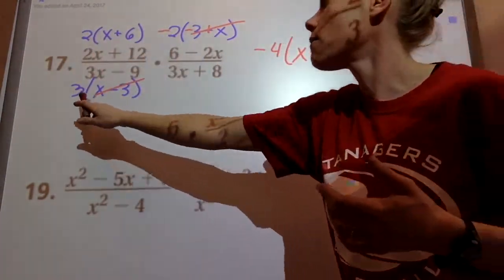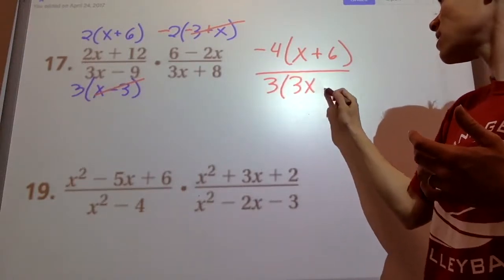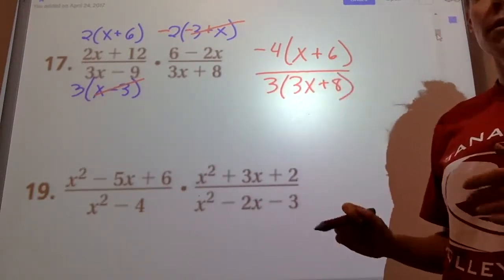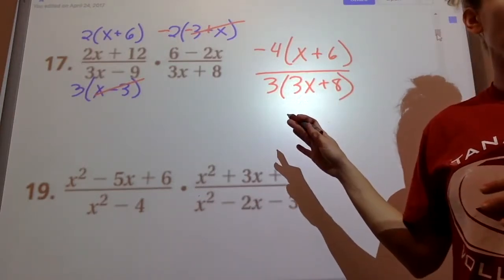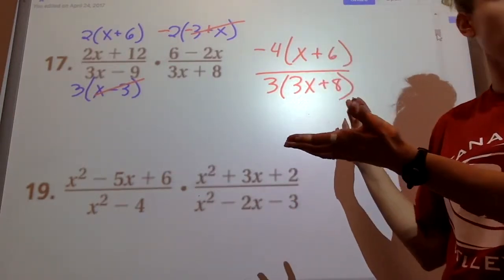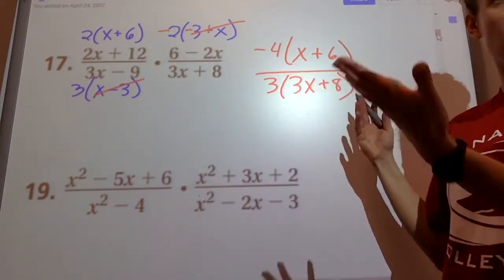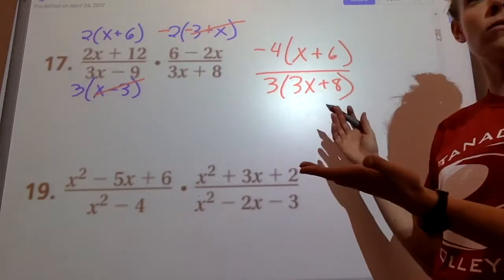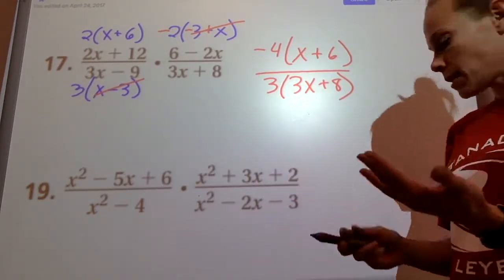And then I would have 3 with the 3x plus 8. Okay. You can remultiply, but I would leave it because this sets us up now to find our asymptotes. So I tell my students never remultiply, just leave it factored because you need it in factored form to find domain, range, asymptotes, and all of that.